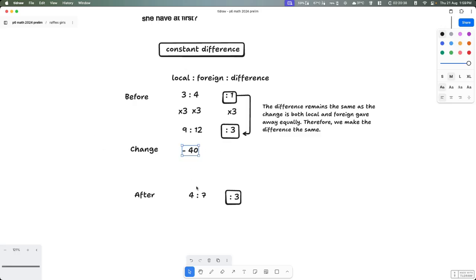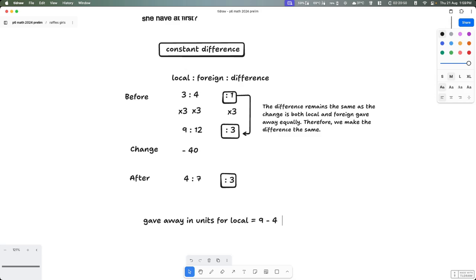Gave away in units for local is equal to 9 minus 4, equal to 5 units. Gave away for foreign stamps is equal to 12 minus 7, equal to 5 units as well.